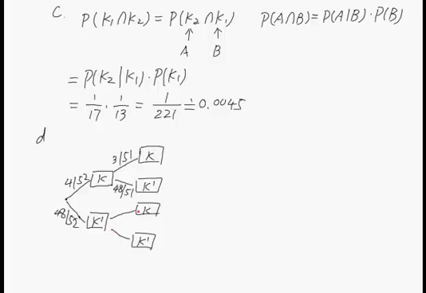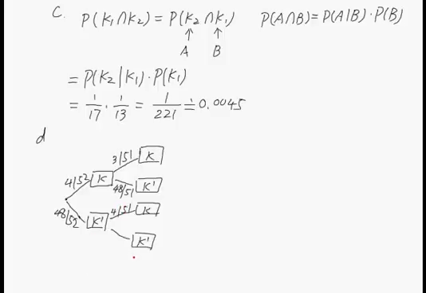For this second draw, how many kings are available? 4, right? We have the 4 kings available because we don't touch kings in the first draw. And in total we have 51 cards available. So it's 4 over 51.